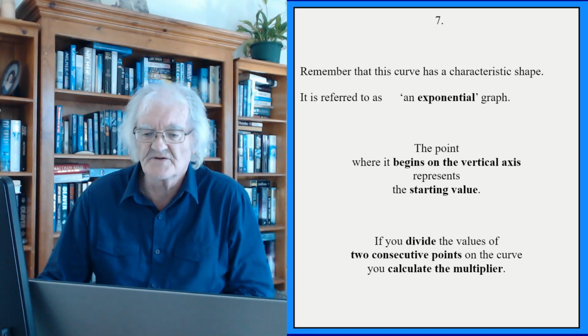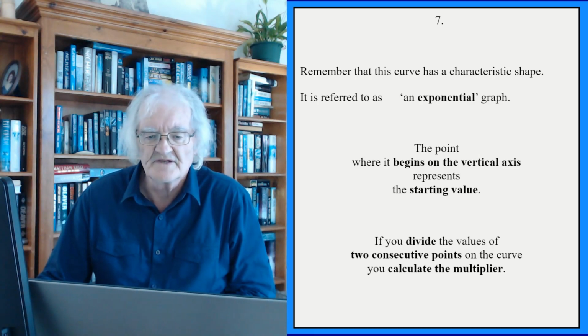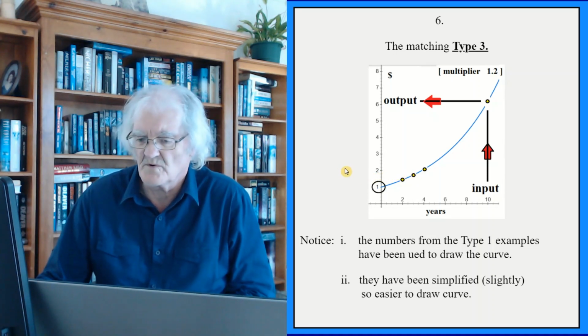And for an exponential graph, we keep a focus on the point where it begins on the vertical axis, because that is the starting value. Now, if you divide the values of two consecutive points on the curve, you can calculate the multiplier. So if we go back to the graph, divide this output value by this output value, you will get the multiplier, 1.2.